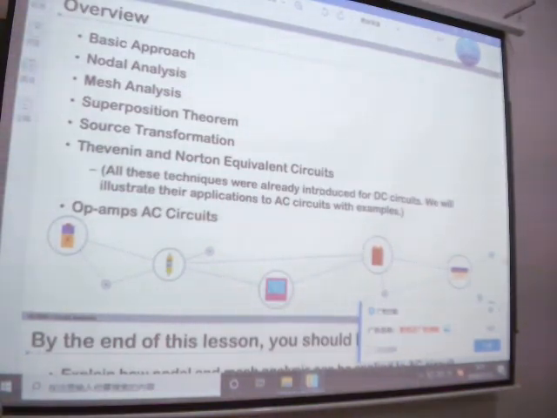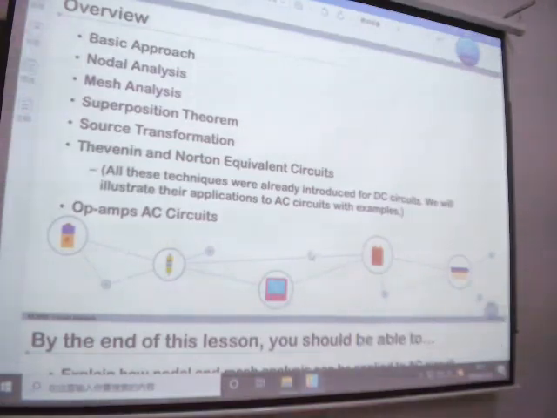So now we're going to see how to use those theorems and methods in AC circuit analysis.